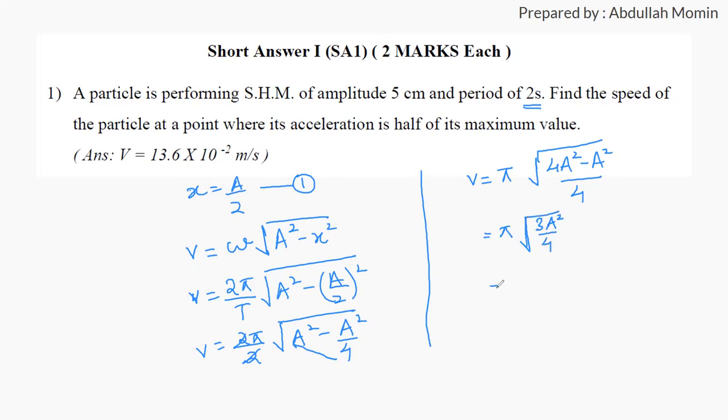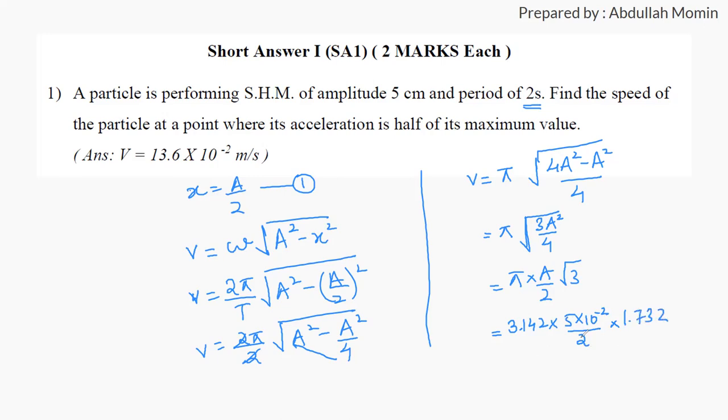So root of 3A square by 4 means A by 2 root 3, and the value of pi is 3.142. Value of A is 5 into 10 raised to minus 2 meter divided by 2, and root 3 is 1.732.